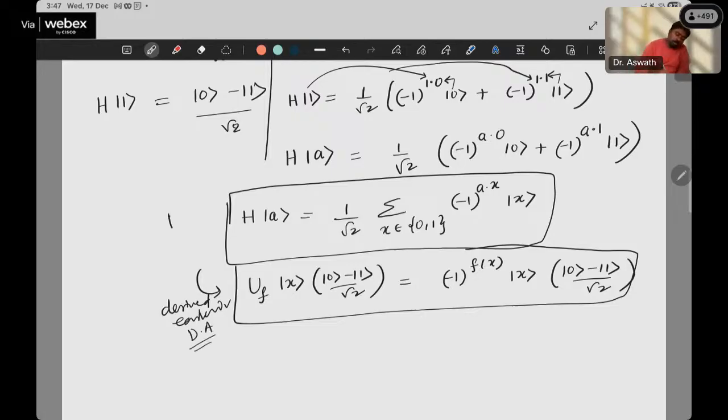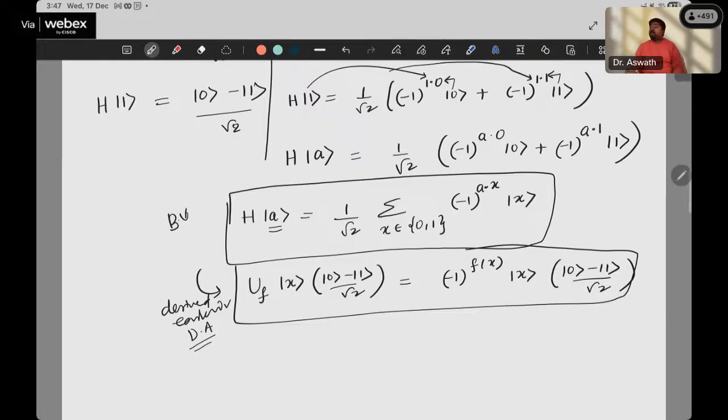But now for the Bernstein-Vazirani algorithm, we are using Hadamard action on a given bit string like this, which is going to be very useful for us as we go through. So for a single qubit, this makes sense.